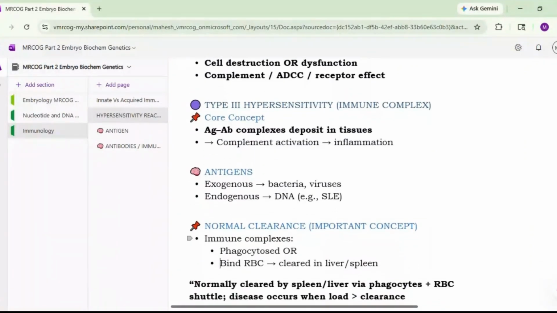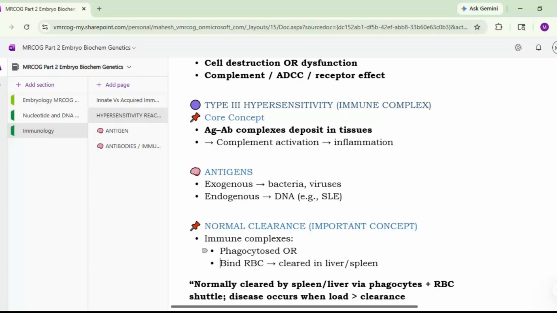Okay, so normal clearance. What happens normally? These immune complexes, once they are formed, are phagocytosed or they bind with the RBC. Here, RBC acts as a vehicle. They will carry these immune complexes and they will be cleared in the liver or in the spleen. This is the normal mechanism. Immune complexes are not something abnormal, but they are formed within a specific limit which the body can work on.